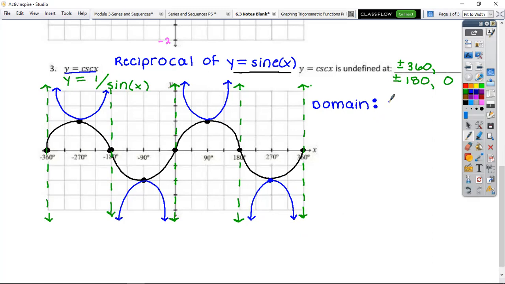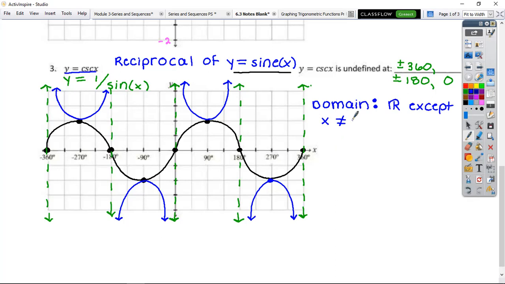So I'm going to say all reals except x cannot equal. Let's look for a pattern to this, okay? So x can't be 0, x can't be 180, x can't be 360. So this is pi, this is 2 pi, and then I would have another as well.